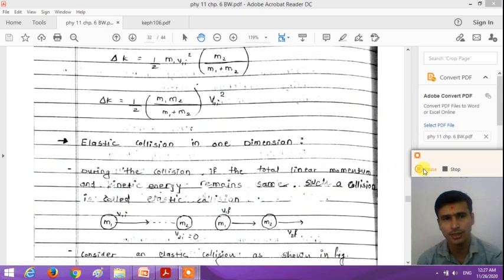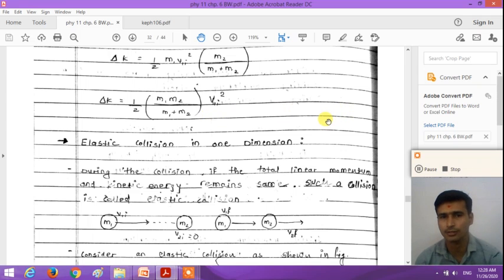Now, dear student, we will see an elastic collision in one dimension. After the inelastic collision in one dimension, we will see the elastic collision in one dimension. So what is the inelastic collision? In the inelastic collision, the law of conservation of linear momentum is satisfied, so initial momentum is equal to final momentum, but the kinetic energies are not the same.